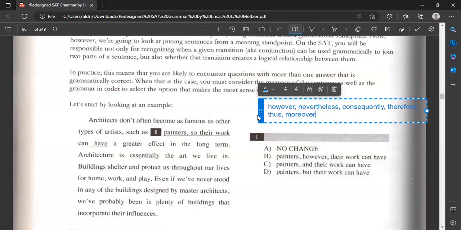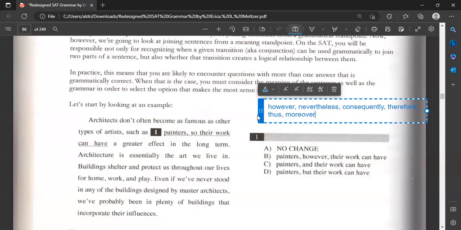They are transitions, yes, but they're called strong transitions because whenever you use them, they should be used to introduce a statement. So they should always be followed by a full stop or a period, a semicolon.